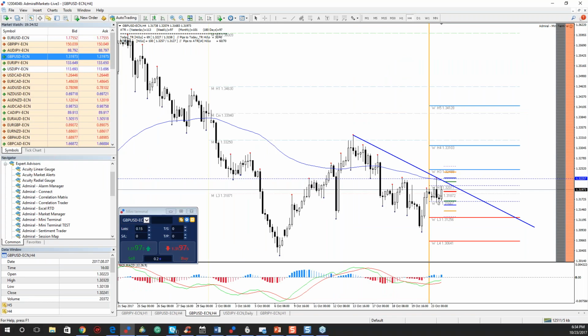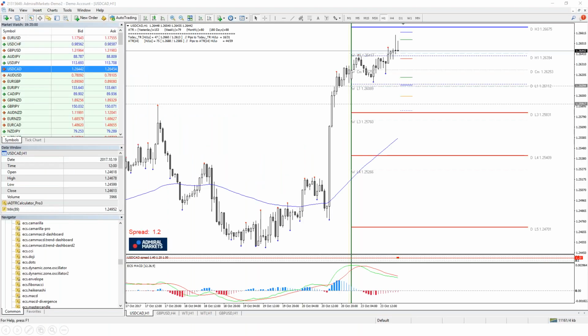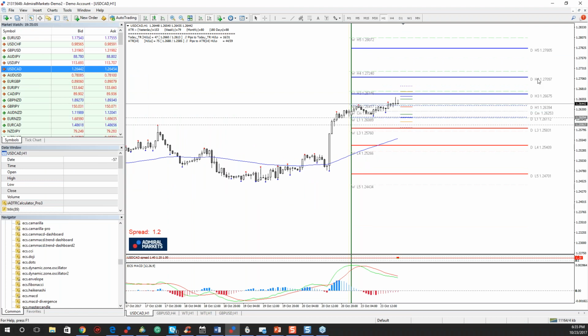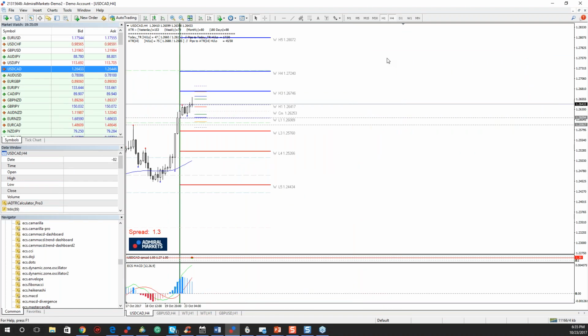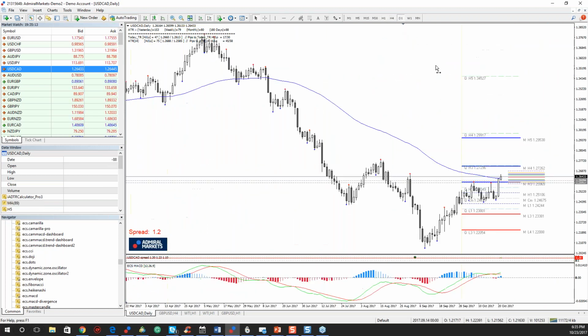As you see, this could be the start of some nice movement to the upside. Sell position comes around 2725. If the pair gets here, there is strong resistance, daily H4, weekly H4. A lot of selling can happen there, but I hope for a buy setup because that's the trend setup.